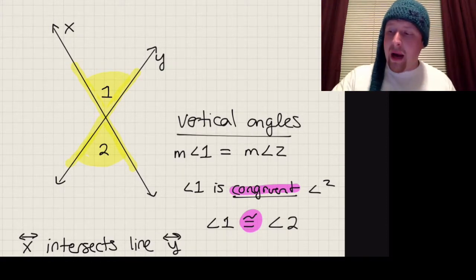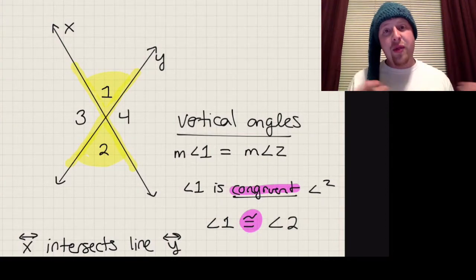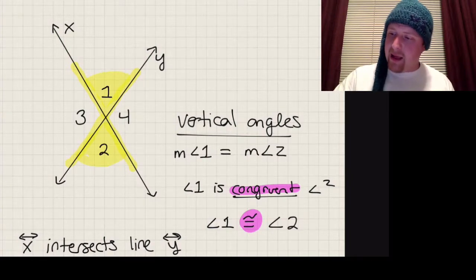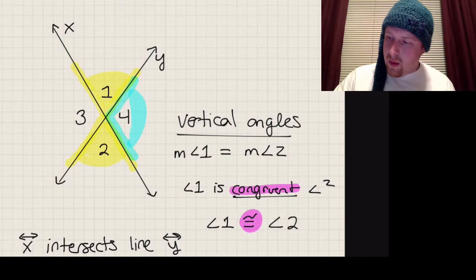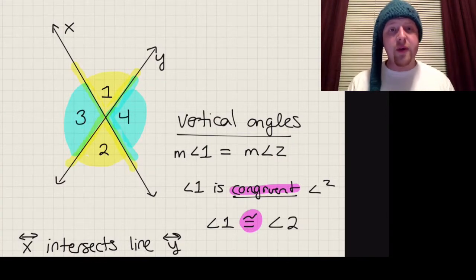There are two more angles here, though. We'll call this one 3 and we'll call this one 4. And 3 and 4 are also vertical angles. So let's go ahead and highlight those. These are also vertical angles because they are opposite one another.